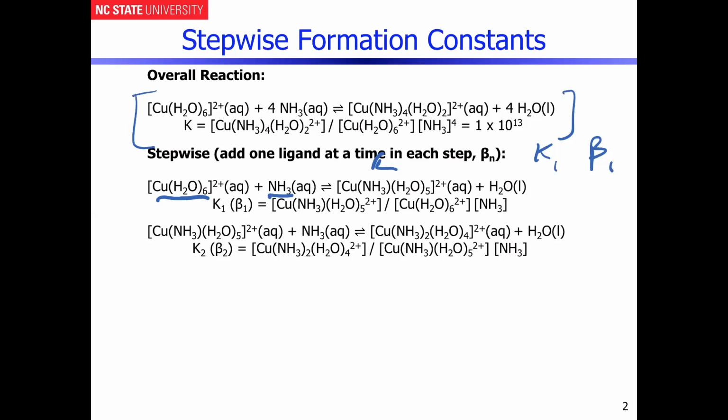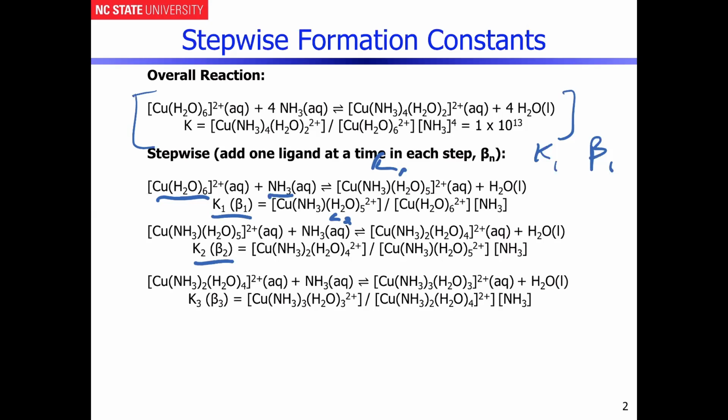So keep going. You then add the second ligand. So this is now putting the second ligand in place. And then following through, you can continue the same process. So this is obviously now K2 or beta 2. And then you do the third ligand. So this is for the third ligand step to be put in place. And again, you get the K3 values.